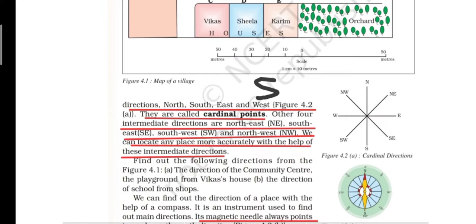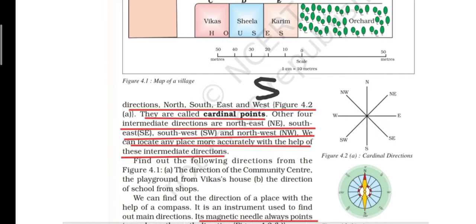They are northeast, which is written as NE, the first letter of both the terms. Now we are taking N from north and E from east. So we are writing it NE. Then we have southeast, which is written as SE. Then we have southwest, which is written as SW. And lastly, we have northwest, which is written as NW.